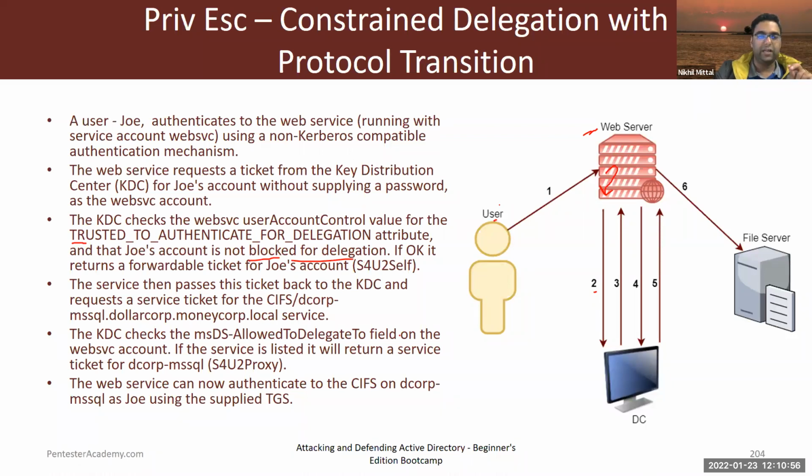If these two conditions are met, the DC responds with a forwardable ticket for the user's account. Now, the problem is that the DC nowhere validated if the user, who we are calling Joe here, actually ever authenticated, because the DC has no visibility of that. That means the web server can go ahead and request a forwardable ticket even for a domain admin, and the DC will oblige if these two conditions are met.